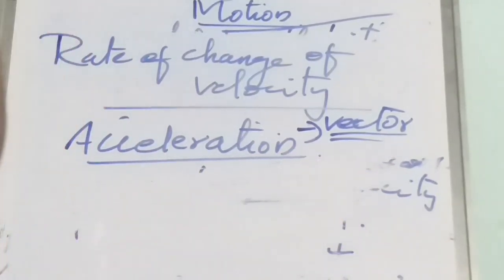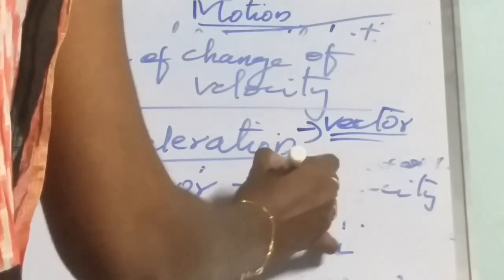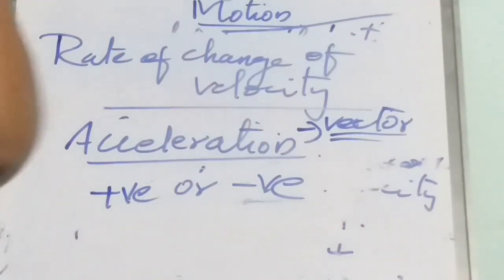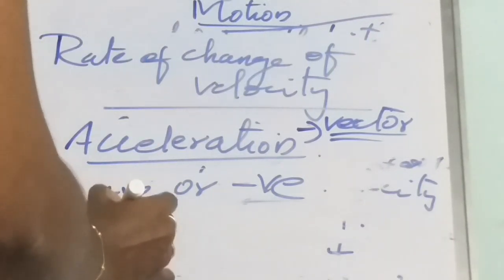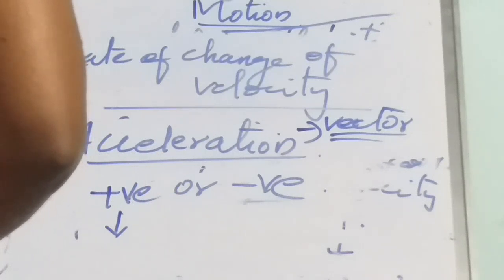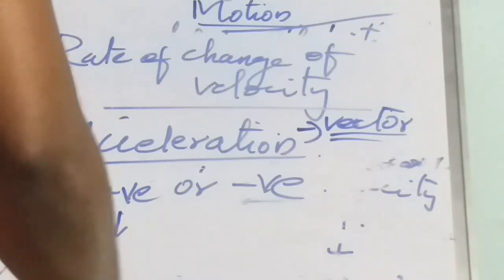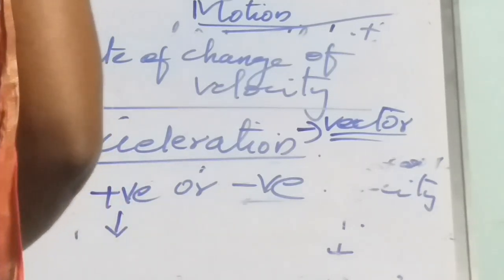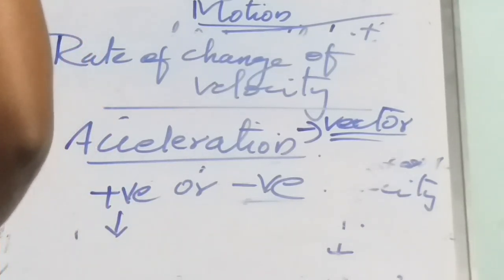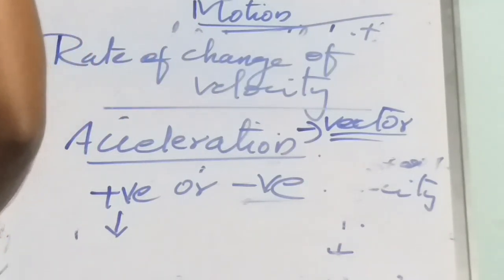Next, acceleration is either positive or negative. If the acceleration is in the direction of velocity, it can be taken as positive. Suppose when we drop an object downward, its velocity increases.